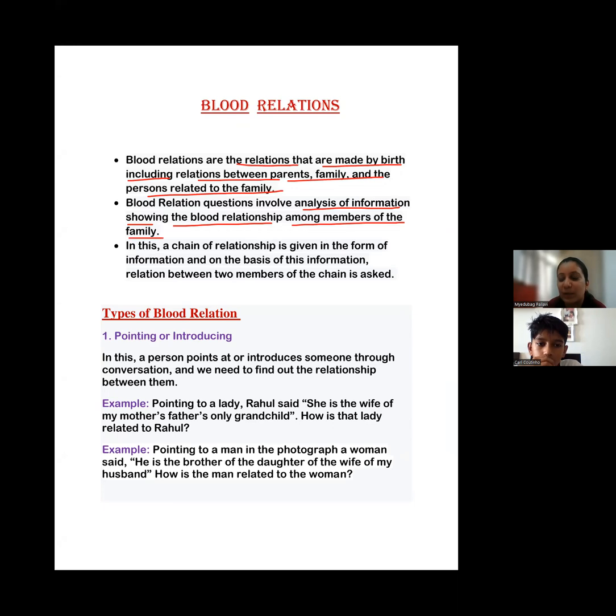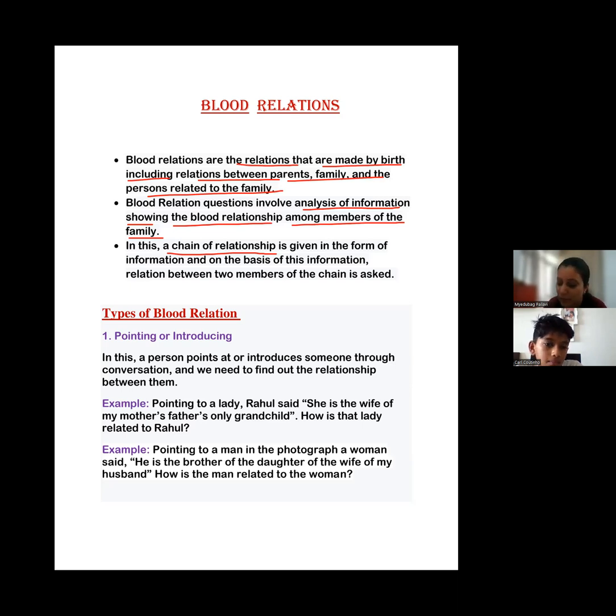A chain of relationships will be given, and the relationship between different members of the family will be given in a chain format. Based on that, we'll have to make a family tree. Then whatever is asked in the question, they might ask the relationship between any of the members of the family. All the information will be given to us in the question only.